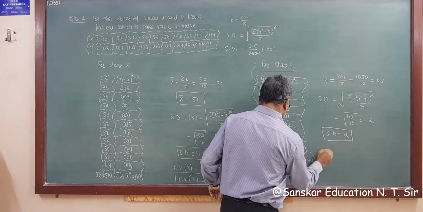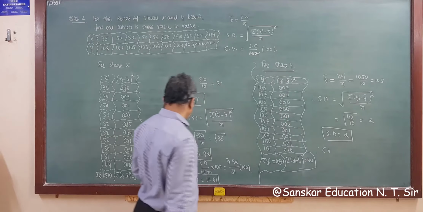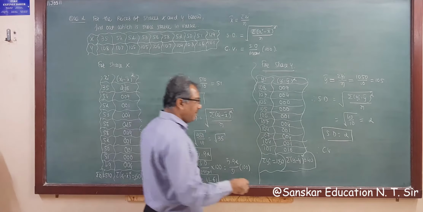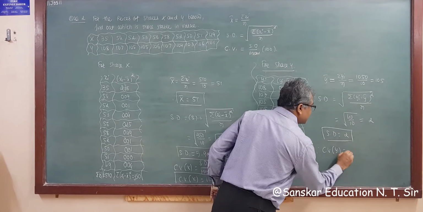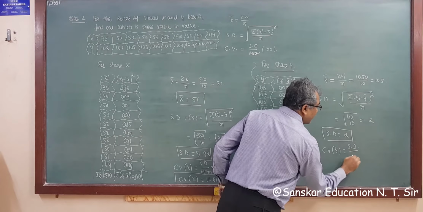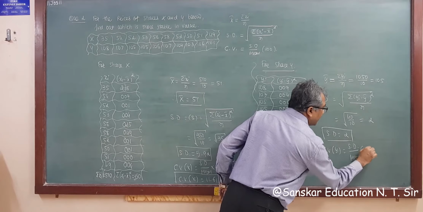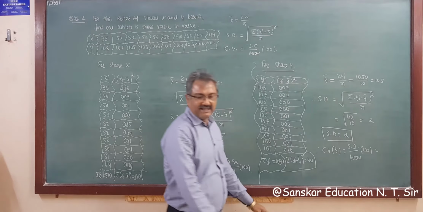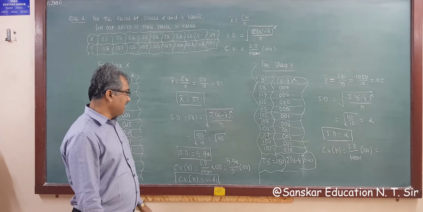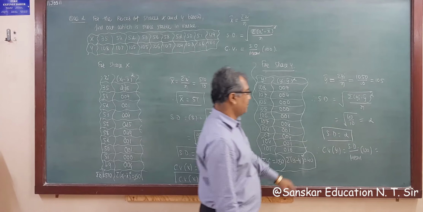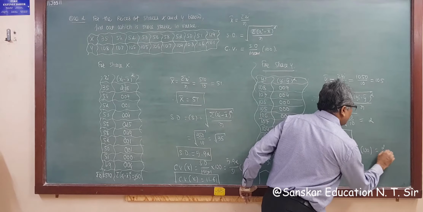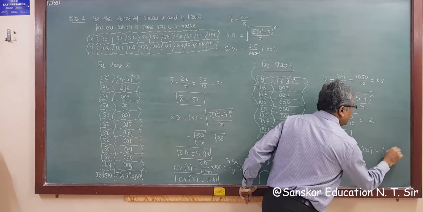Right. So therefore CV for set y is equal to standard deviation upon mean into 100. Standard deviation is 2 divided by mean 105 into 100.